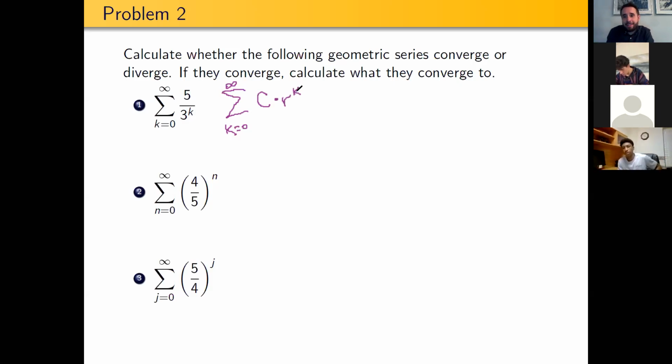The idea here is that c is just some constant number that you're starting with, and r is the common ratio. A series is geometric if it can be written in this form.